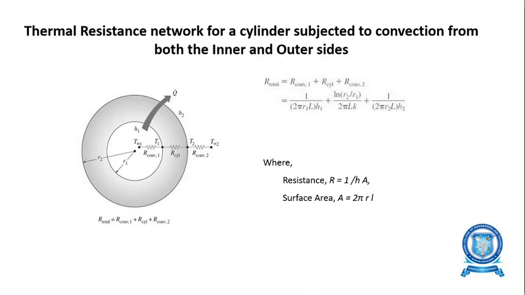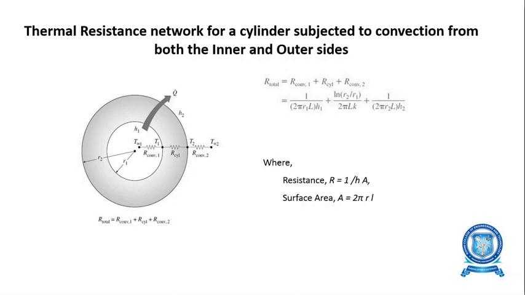Therefore, in the convection resistance 1 by HA, instead of A we are substituting 2 pi r1 L, where r1 represents the inner radius of the cylinder. Plus there is a conductive resistance, L by KA.